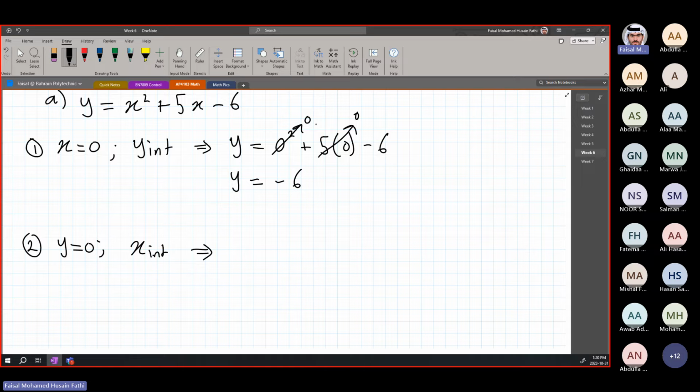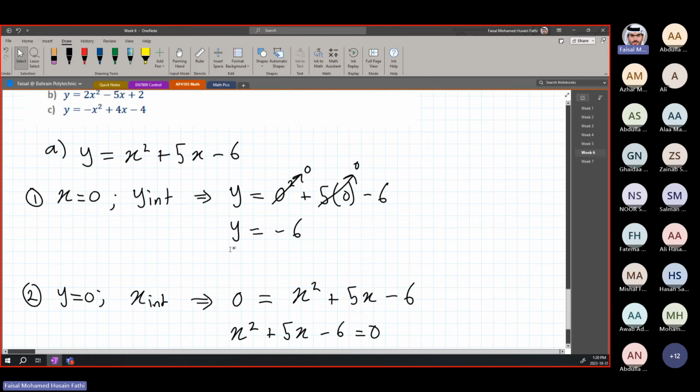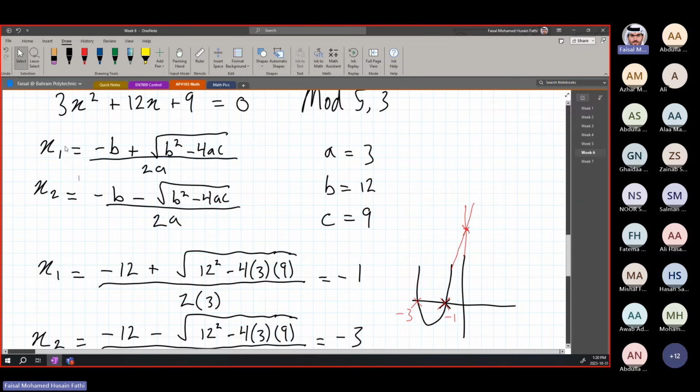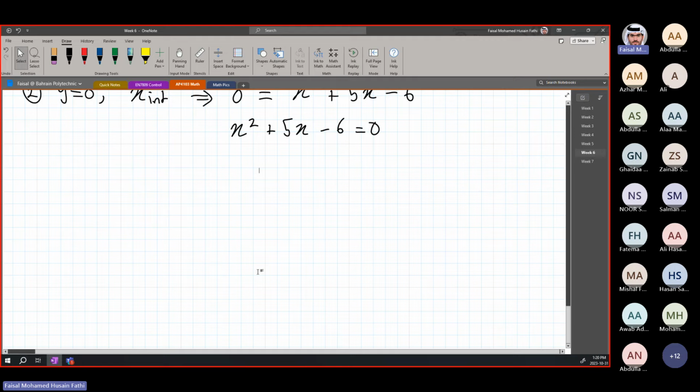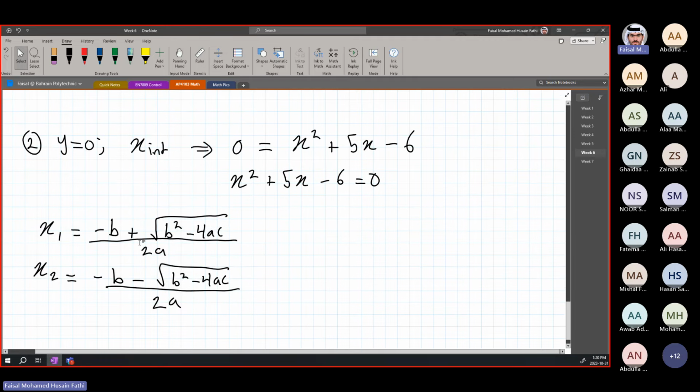Now if we plug y equals 0 into the equation, we will get 0 is equal to x squared plus 5x minus 6, or if we rewrite this, x squared plus 5x minus 6 is equal to 0. I'll do it using the quadratic formula. x1 is going to be equal to minus b plus square root b squared minus 4ac over 2a, and x2 is just going to be minus.